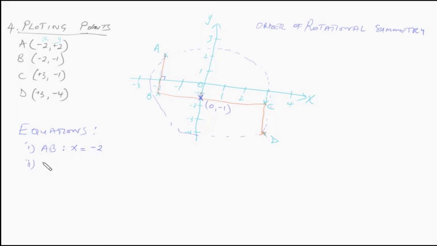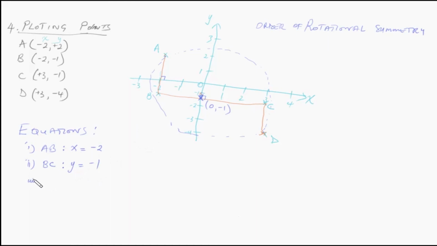Let's find the equation of BC. BC cuts the y-axis at -1 perpendicularly. So the equation is y equals -1.